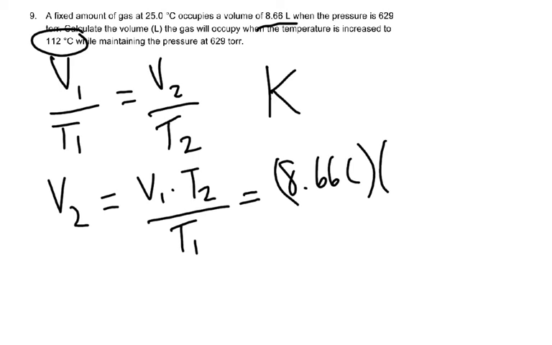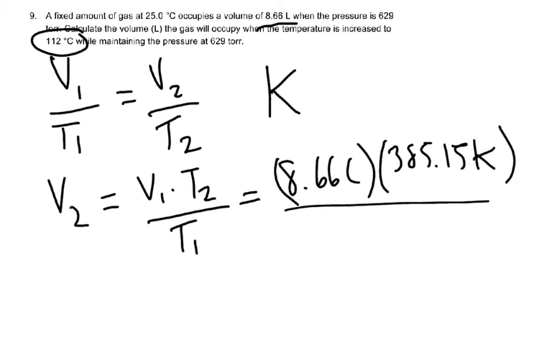That's 385.15, divided by 25 plus 273.15. That's the second temperature, which is 25 degrees Celsius. That's 298.15 Kelvin.